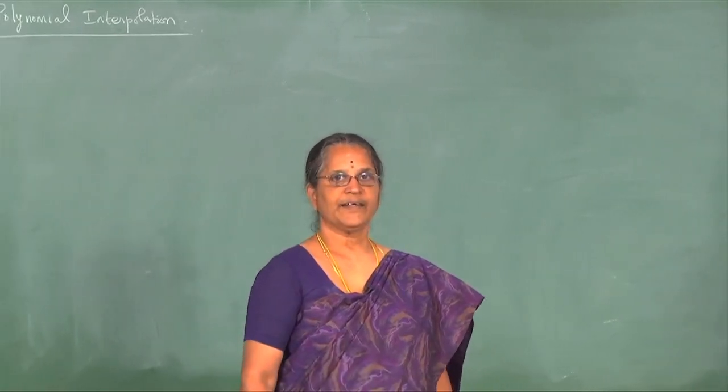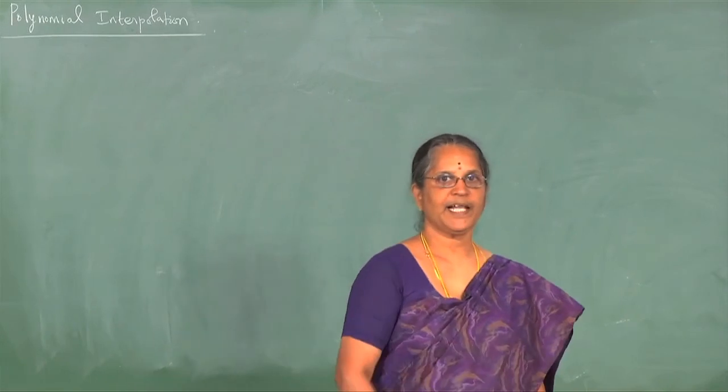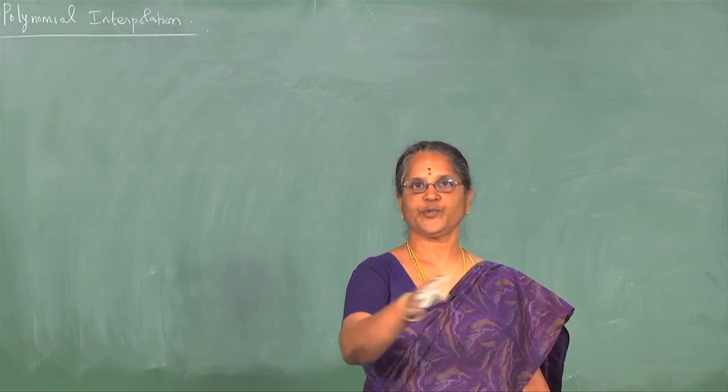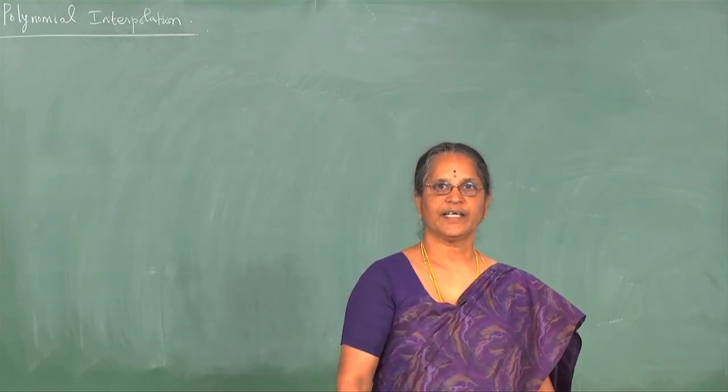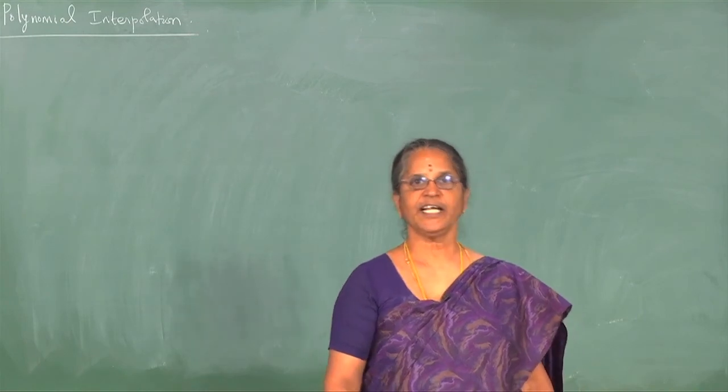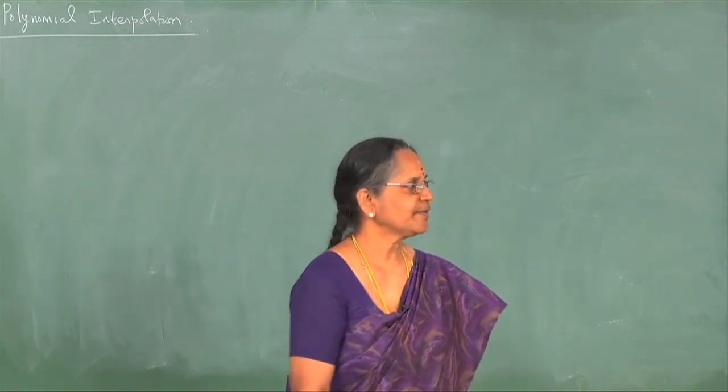By this I mean that this polynomial passes through the points say x0, x1, etc., xn, at which the information about the function is given in terms of function values.